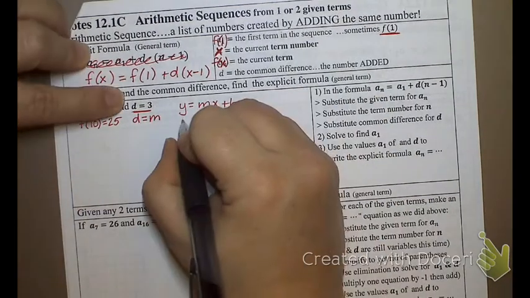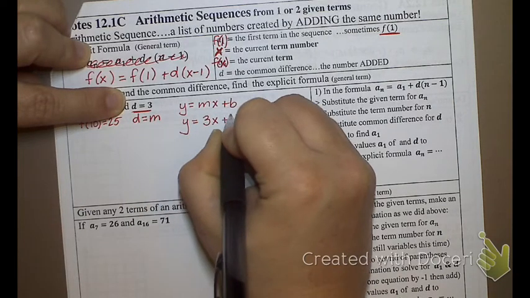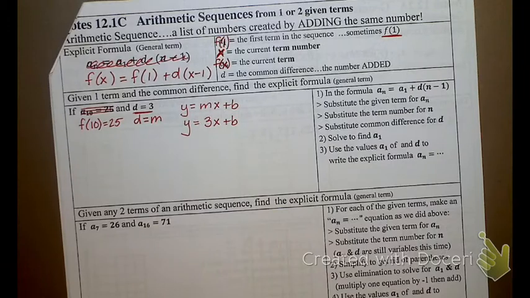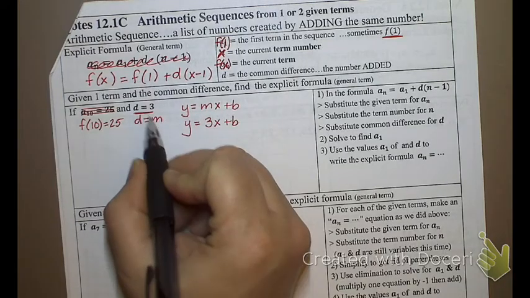So I know starting off that my equation is going to be y equals 3x plus b. What else do I need to figure out in order for that to be a legit equation? B. So I need m and I need b. I can leave y and x in the formula, but I need m and I need b. If they've given me my d value, they've already given me m.